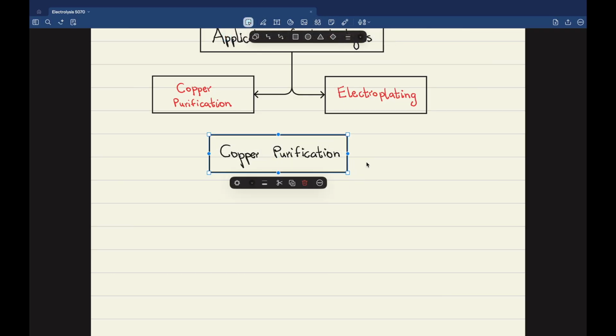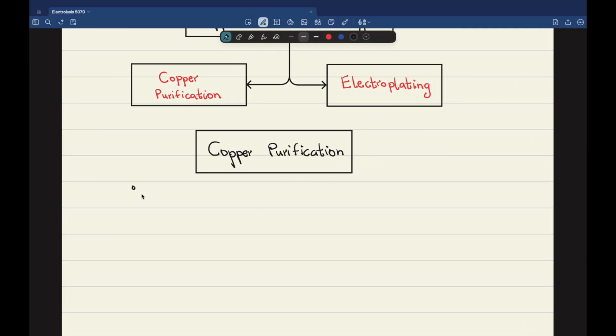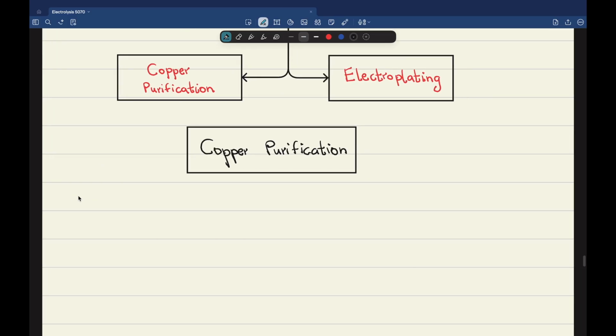So in copper purification, what happens is we do electrolysis of aqueous copper sulfate using copper electrodes.